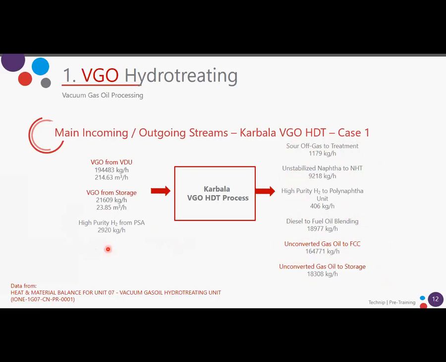This high purity hydrogen goes to some compression stages, and then some of this hydrogen will be sent to the naphtha unit. These are more or less the inlets and outlets of the unit. So this is our main product, and we have some other products from this hydrotreating unit.